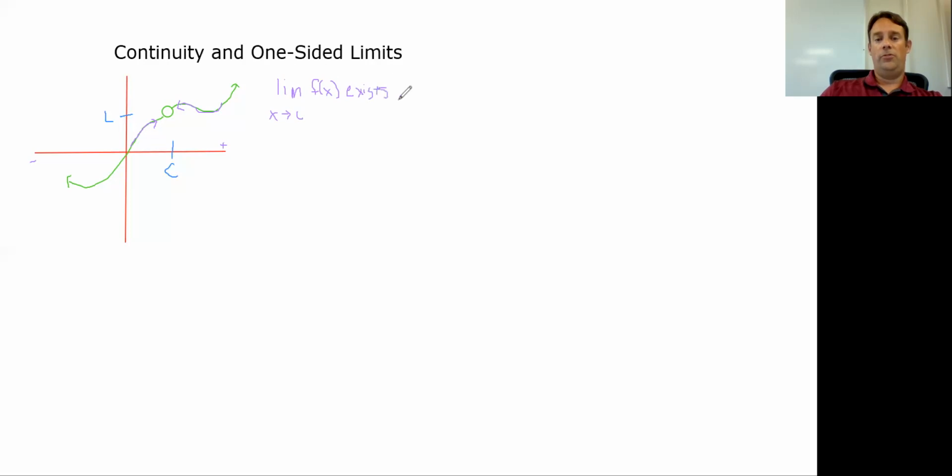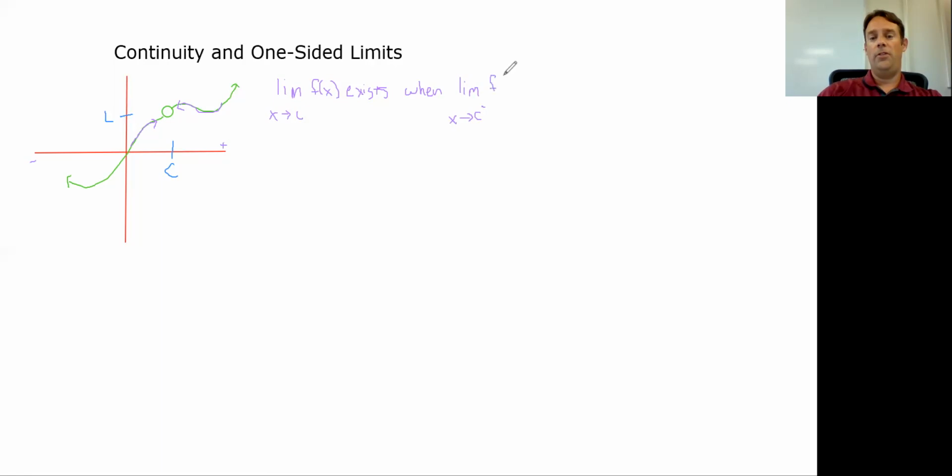It exists when two things are equal. So we've said when the graph approaches the same point, but we want to be a little bit more specific. So in math, we say, well, if the graph is approaching from the left side, we say that that's approaching the x value, that c value, from the negative side.